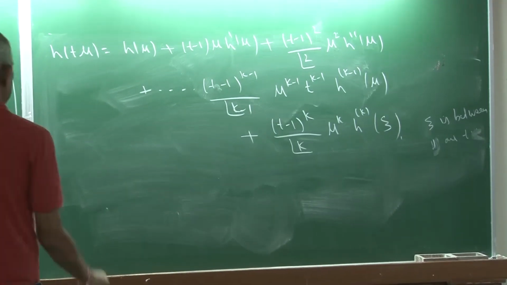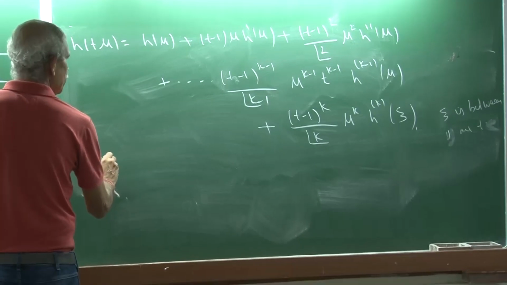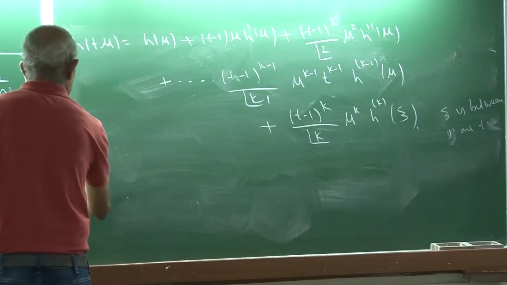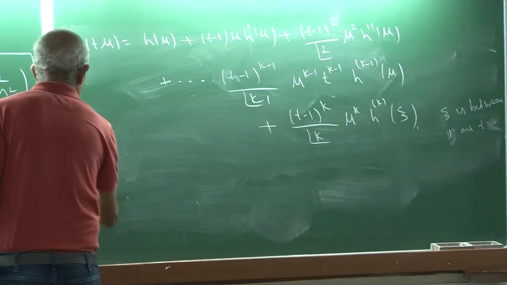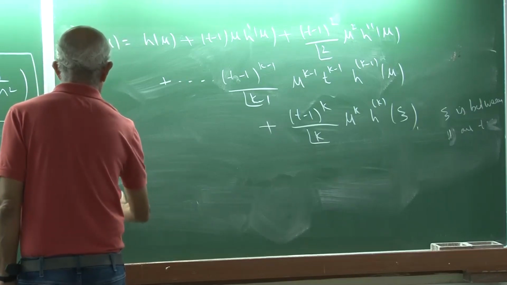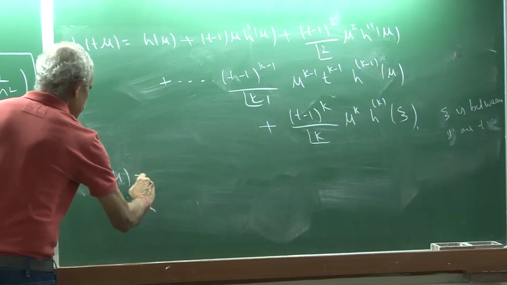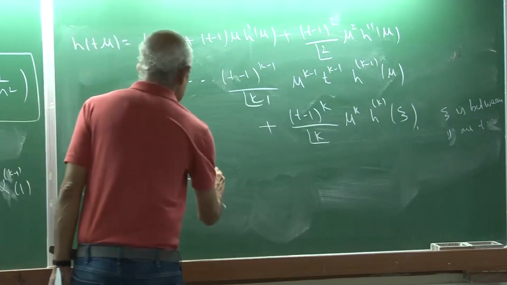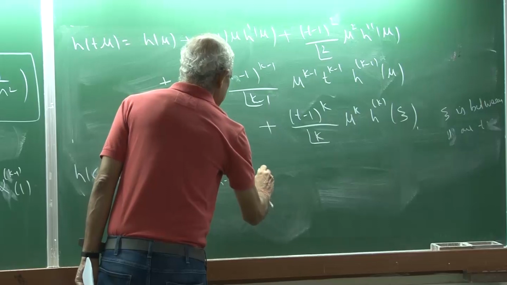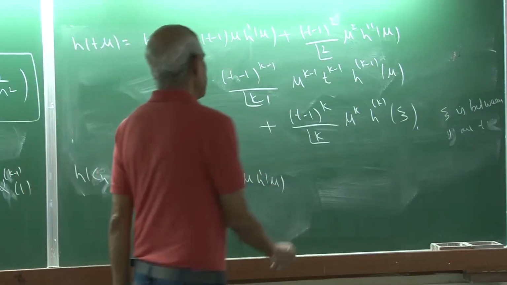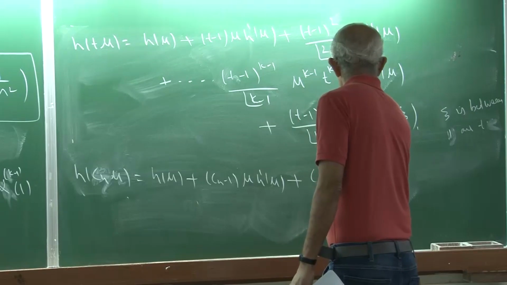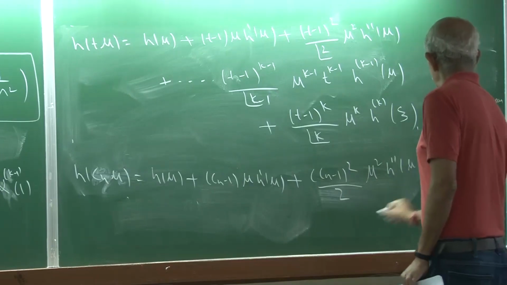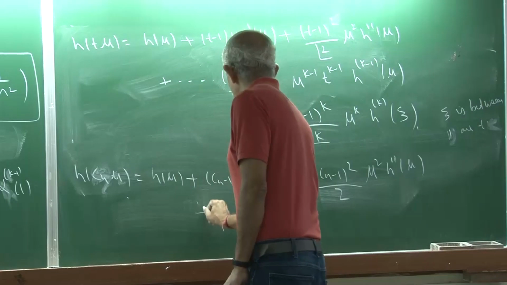Now I replace t by Cn. So h of Cn mu, putting t equal to Cn, is the same as h of mu plus Cn minus 1 mu h prime mu plus Cn minus 1 whole square mu square h double prime mu plus higher orders and so on.